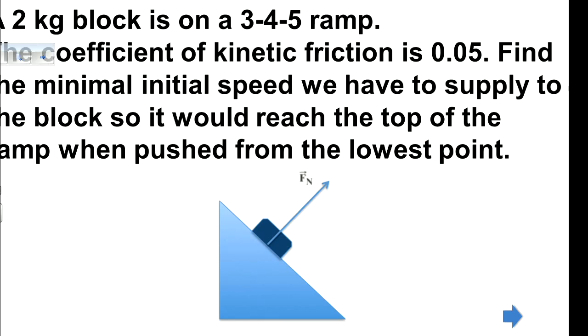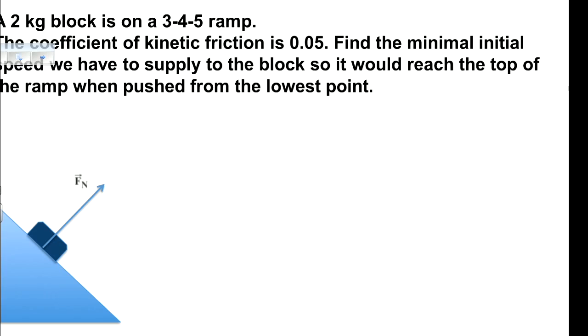An opposite problem. Now we want to push it. And what might happen? Well, if we don't give the initial speed high enough, it stops and then slides down. If we push it too fast, it can fly away, fall off the ramp.